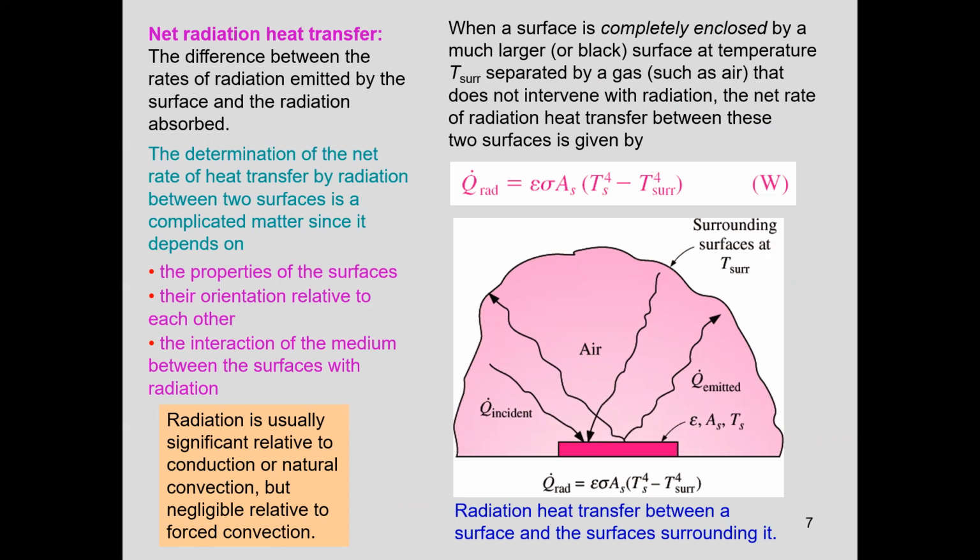Now, when we have to deal with net radiation heat transfer, the difference between the rates of radiation emitted by the surface and the radiation absorbed, we can actually deal with this method.